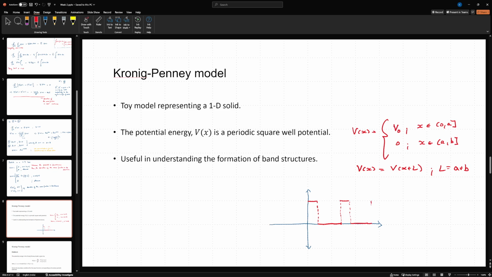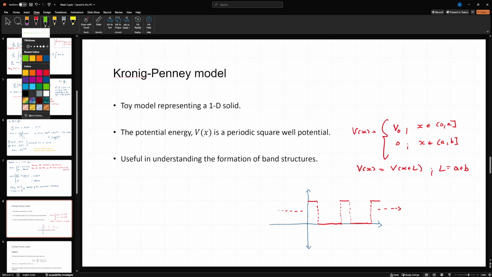And then rise up again. Likewise going this way, periodically extending in both directions.